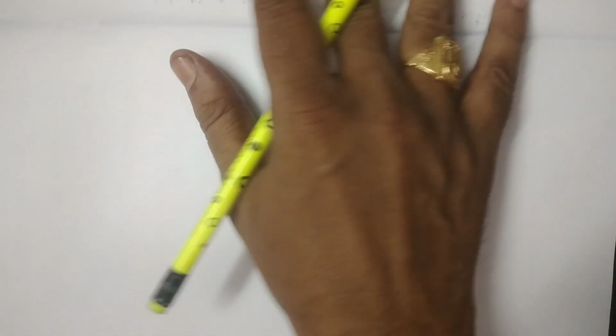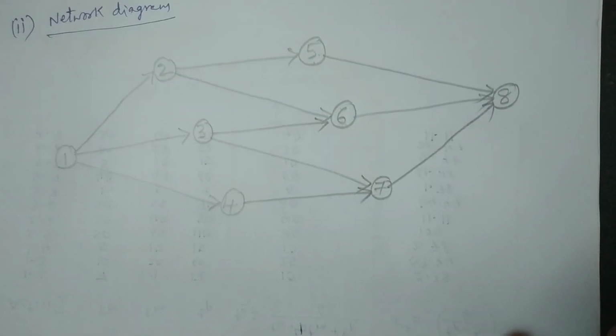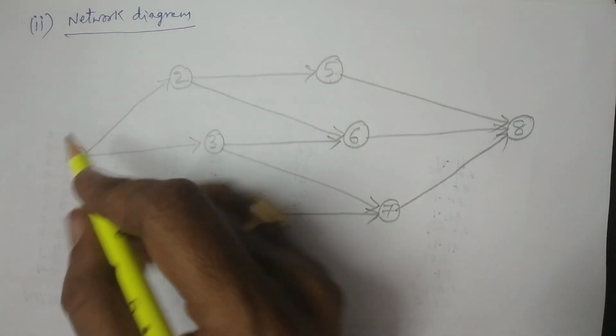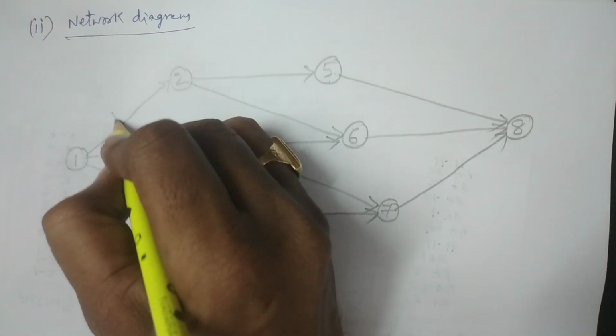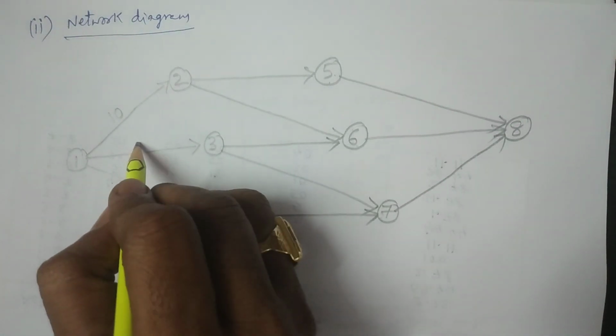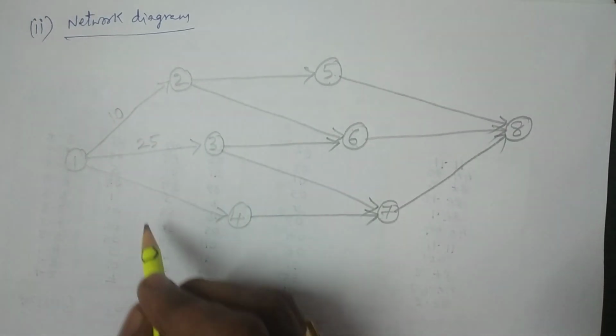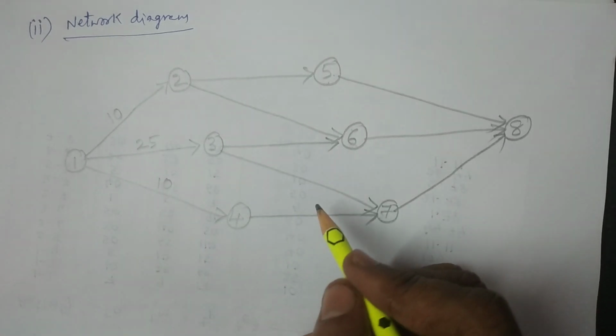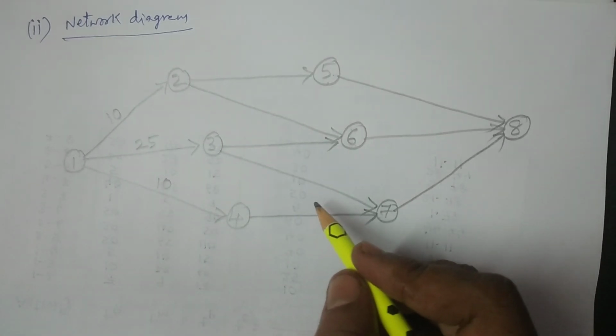So I write in the network diagram, and so you see here, this is the network diagram. From 1 to 2, the duration is 10. From 1 to 3, the duration of this particular activity is 25, and 1 to 4 it is 10, and I'm representing it above the arrow mark.